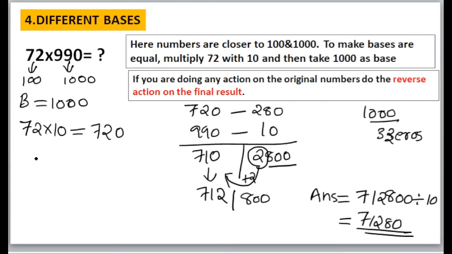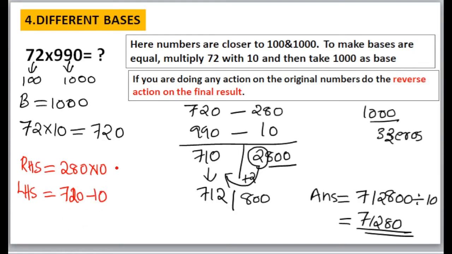Here you have your RHS is equal to 280 into 10 and your LHS is equal to 720 minus 10.